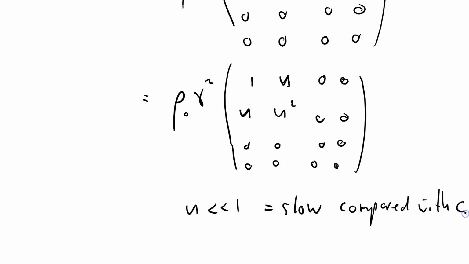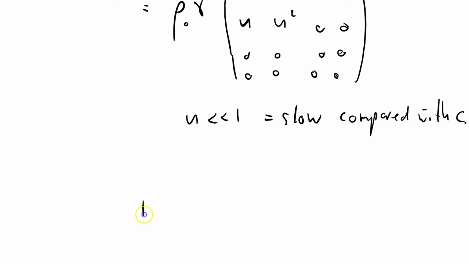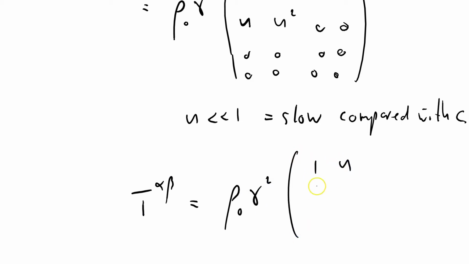The point I want to make about this is that if u is very, very small compared with c, of course I'll set the speed of light equal to 1, then the stress energy tensor for Baz is going to be rho 0 gamma squared times 1, u, and then 0, because if u is small, u squared is very small.